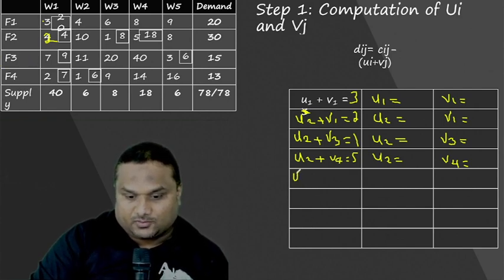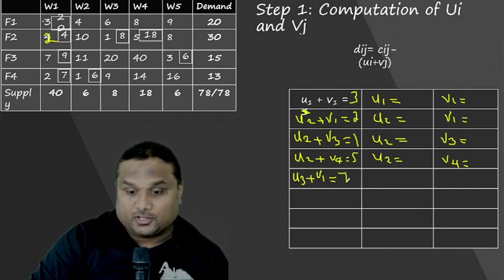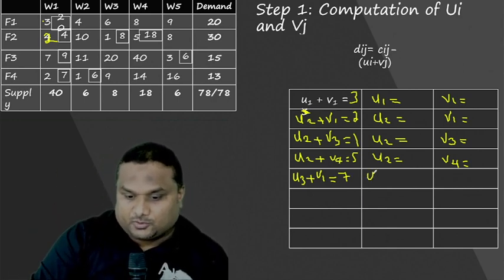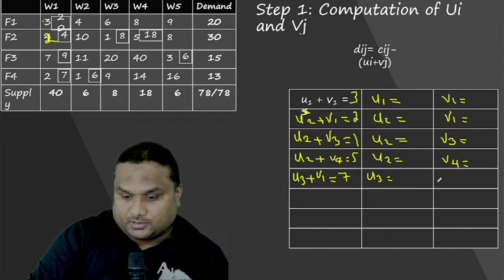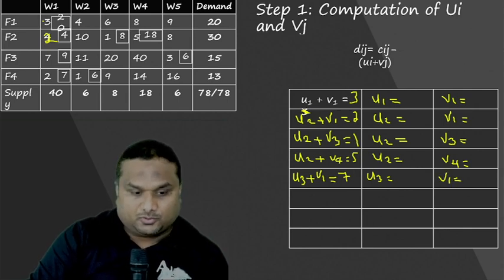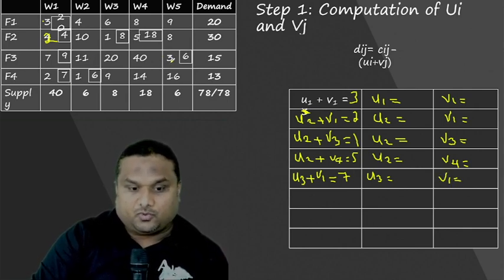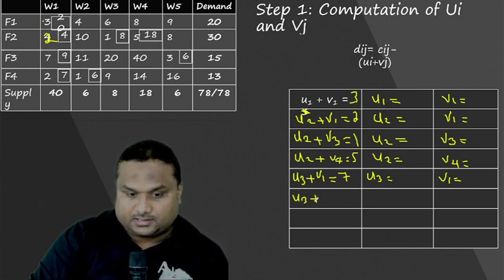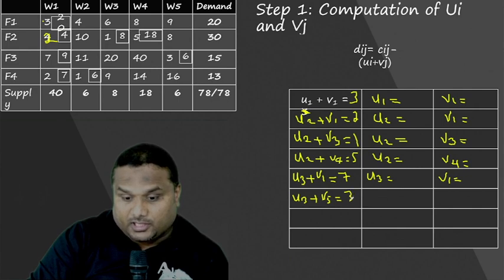Next, this is the third row: U3 plus V1 equal to 7. Now U3 equal to, V1 equal to. Then U3 plus V5 equal to 3.